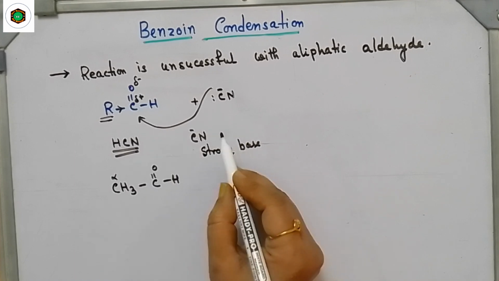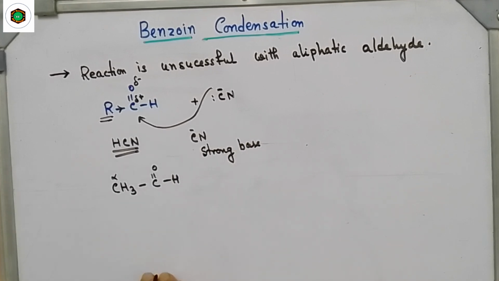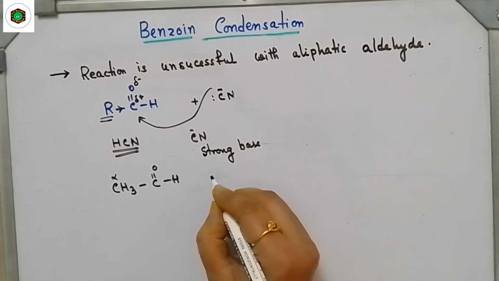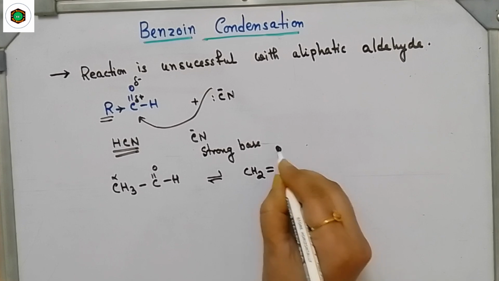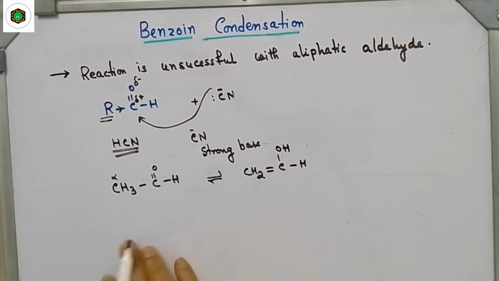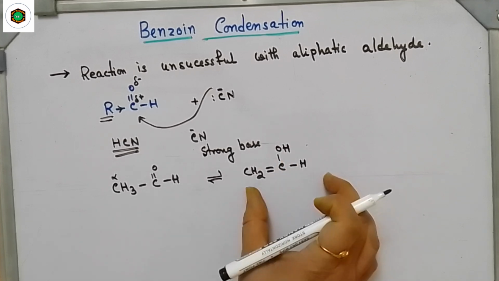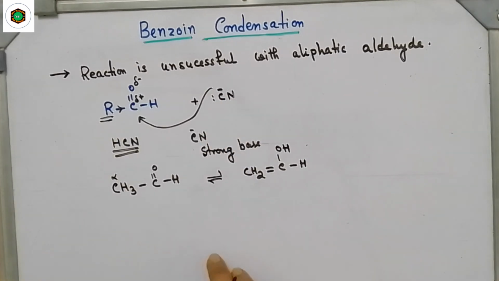So in the presence of a strong base, enolization will take place, and we will get the enol. Therefore, with this enol, the first step will not take place easily.